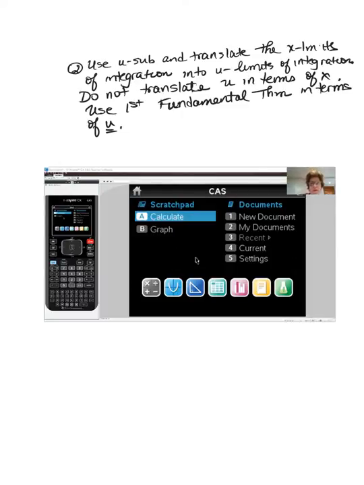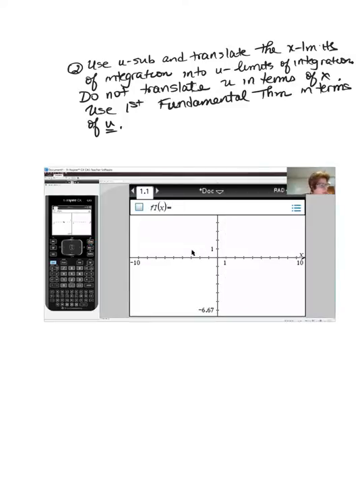So I'm going to my home screen here, and I'm going to pick this icon, the parabola to graph. Okay. And I'm going to enter the first function, which is the square root. So I have square root of x minus 1.